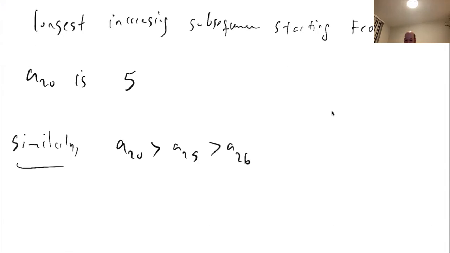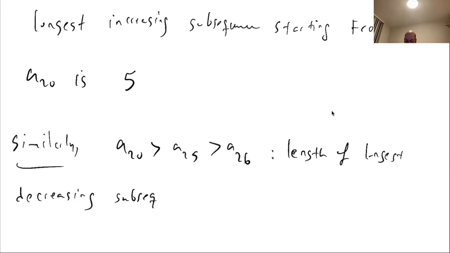So the length of the longest decreasing subsequence starting from a20 is 3.